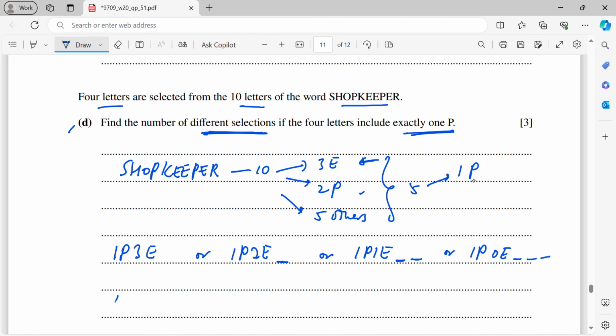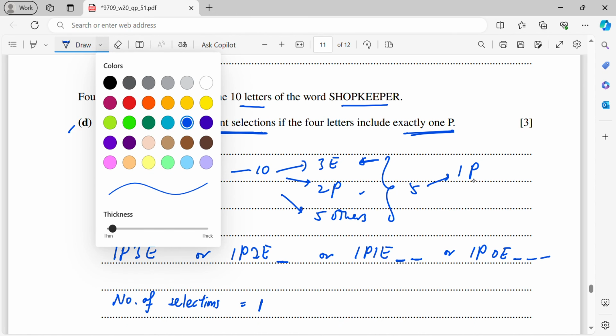So the number of selections, for the first case, only one way, because the three E's are identical, so we do not use 3C3. For the 2 P's, we use 2C1? No, because 2C1 is for 2 different letters, you choose one. But now both P's are identical, so there's only one way.